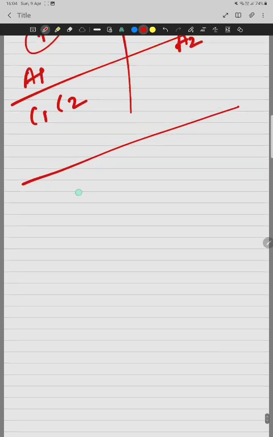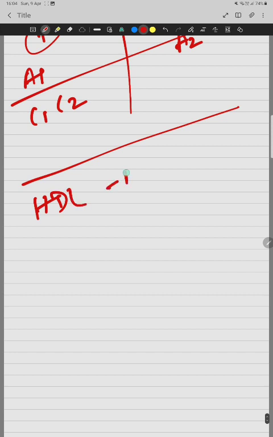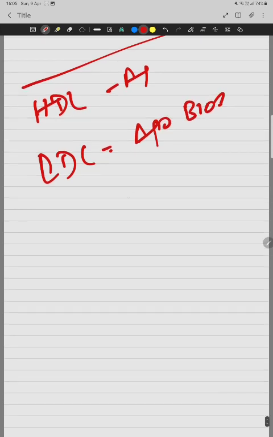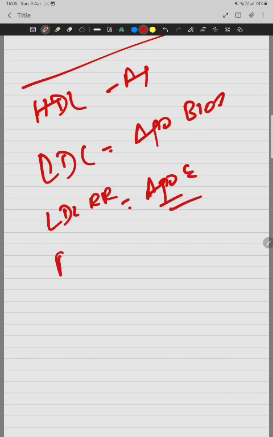Next, coming to your receptors and your tagged apolipoproteins along with it. So always remember HDL is your ApoA1, and for LDL it is your ApoB100. So this is very, very specific to each other, and all the other compounds will be having ApoE, the remnant variety. So your LDL receptor related protein, your VLDL, IDL, everything is going to have ApoE tagged along with it.